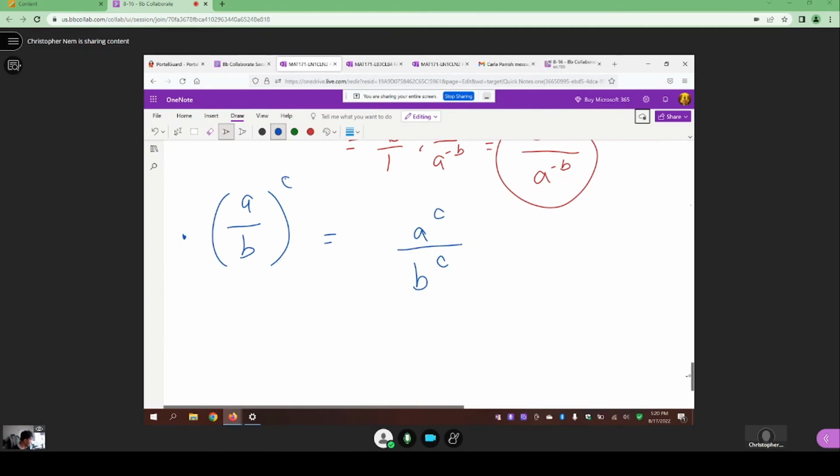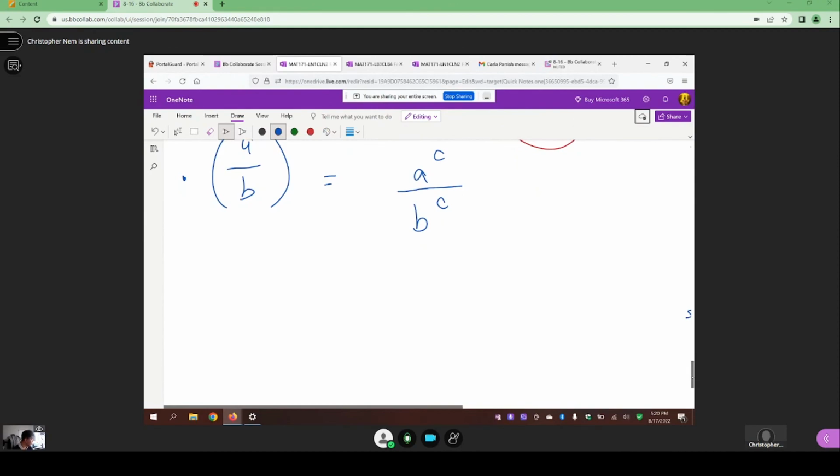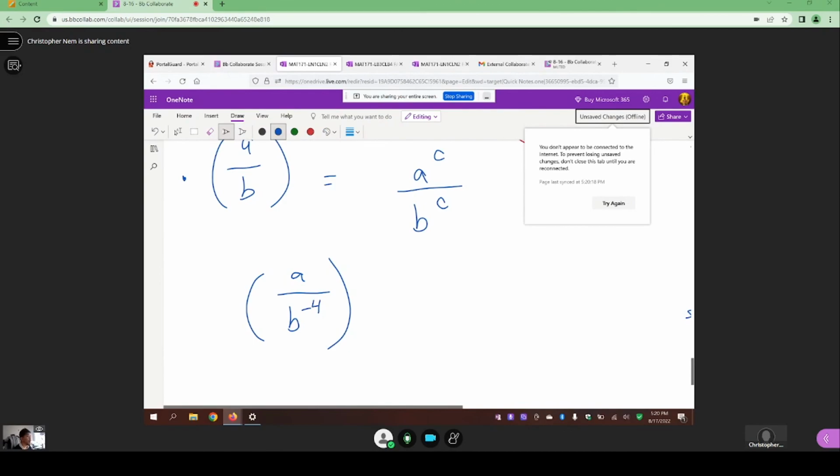And then another thing you might be worried about is, hey, what if I have my negative exponent on the bottom? Because I said I don't want negatives, right? What if I have it on the bottom? Well, we still follow that same procedure in getting the inverse. However, I can't just put it at the bottom because it's already at the bottom.